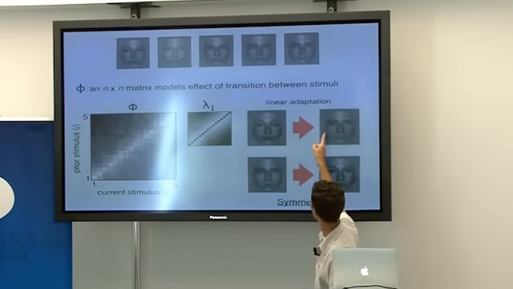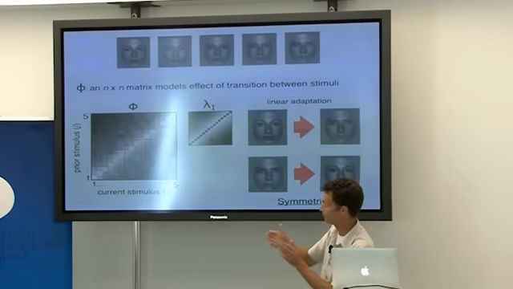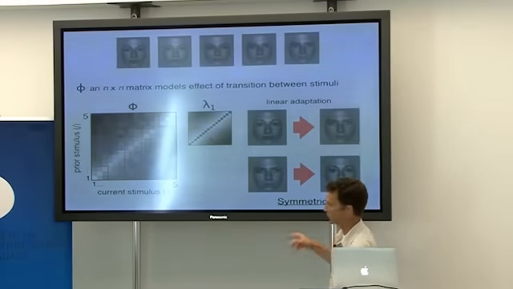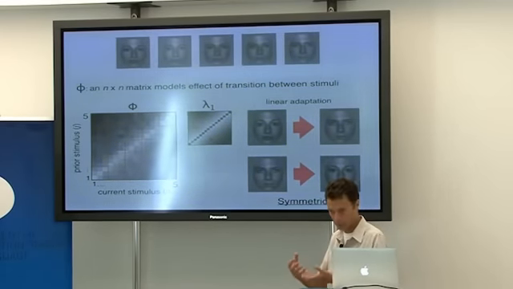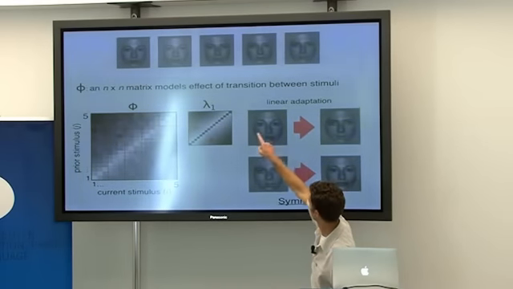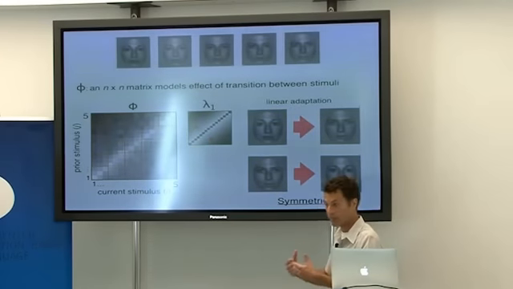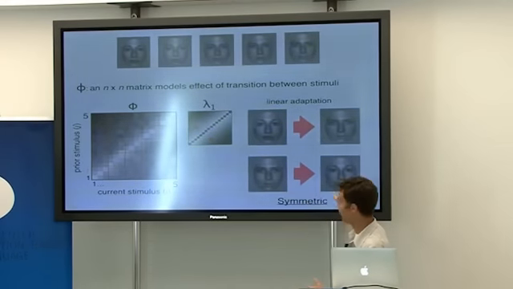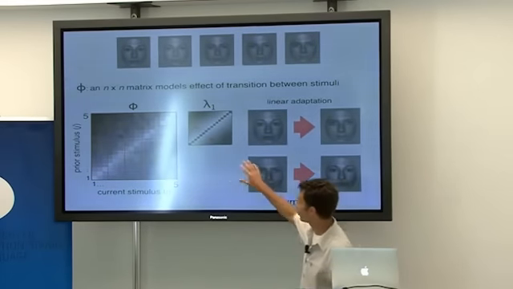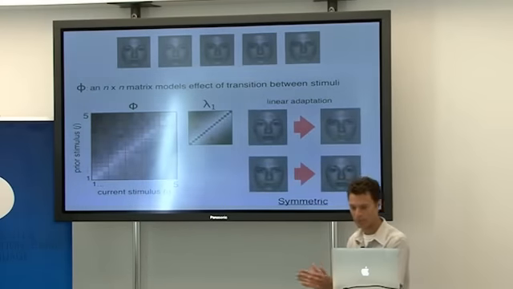So how far apart these stimuli were. Was it a small step or a big step from one stimulus to the next? And it has the property that it's symmetric, so that for neural adaptation under those models that are used, the belief is that moving from face A to B has a modulatory effect that's the same as going from face B to A. Okay, so that's a linear adaptation effect. That's one component that could be present within this entire carryover matrix.